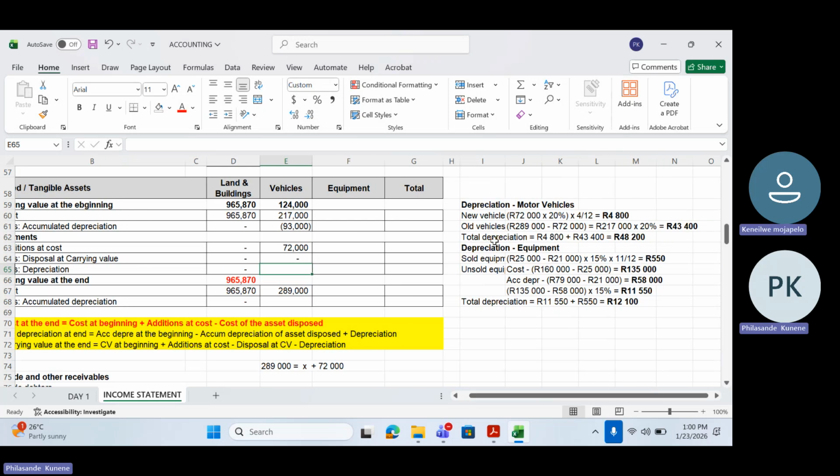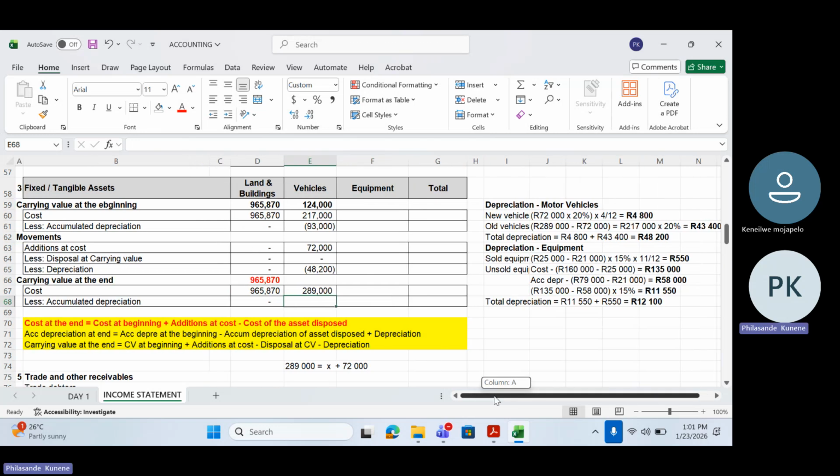We got 48,200. Exactly, 48,200. I need to show it as negative here. That's the depreciation for vehicles.